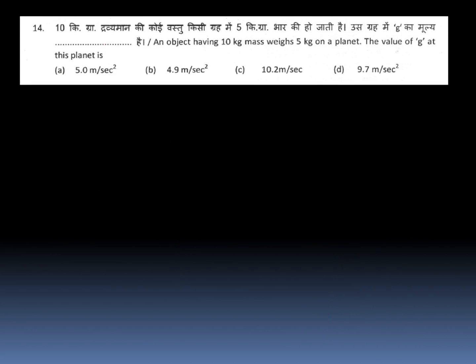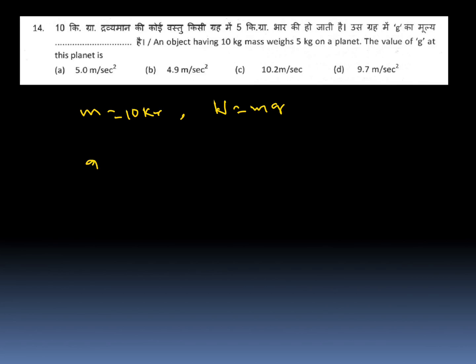An object having 10 kg mass weighs 5 kg on a planet. The value of G at this planet is how much? So mass is 10 kg. W is m into G. So G value we have to calculate.